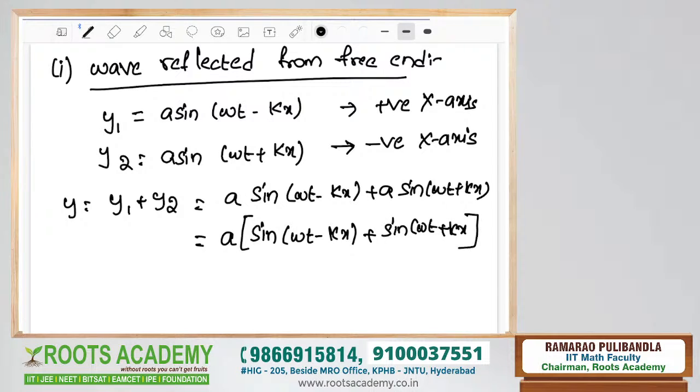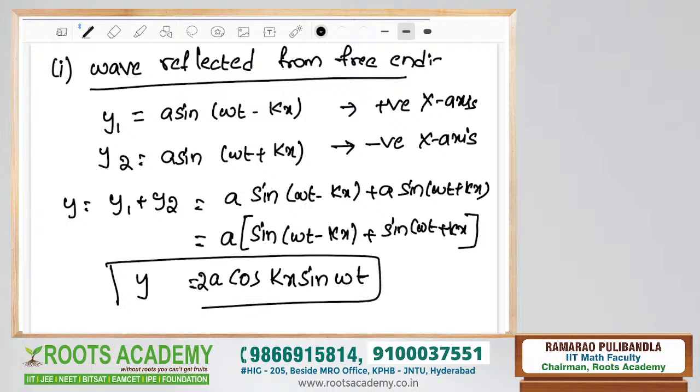Now applying the formula sine A plus sine B equals 2 sine of (A plus B) over 2 into cos of (A minus B) over 2, we get the resultant 2a cos kx into sine omega t. This is said to be a standing wave when it is reflected from the free end.